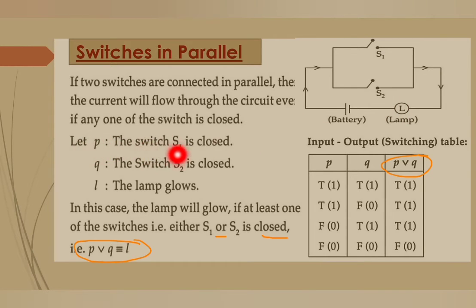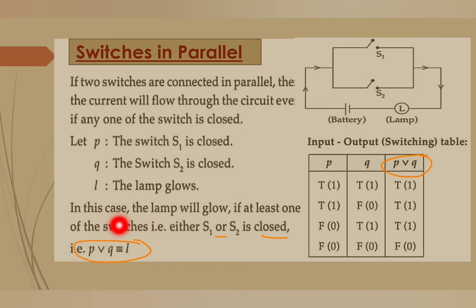Write the statements here. P: the switch S1 is closed. Q: the switch S2 is closed. L: the lamp glows. In this case, the lamp will glow if at least one of the switches S1 or S2 is closed.